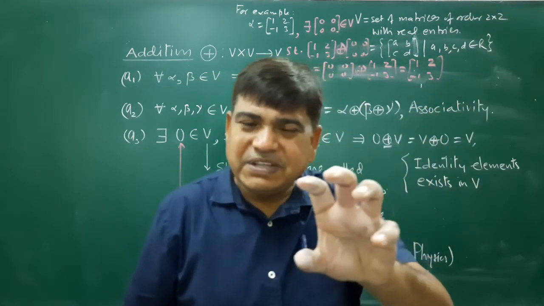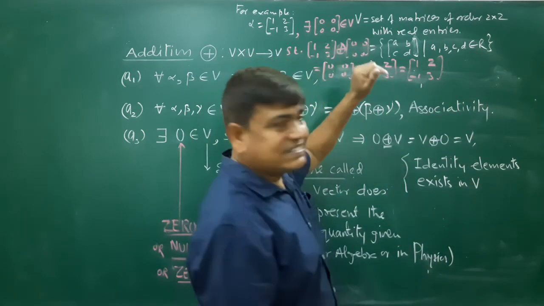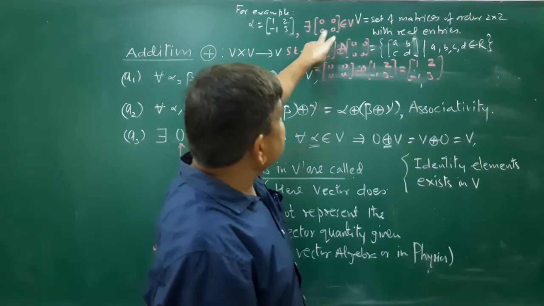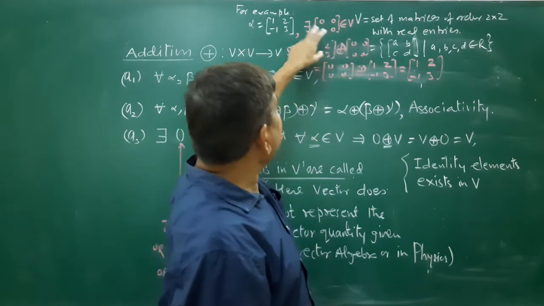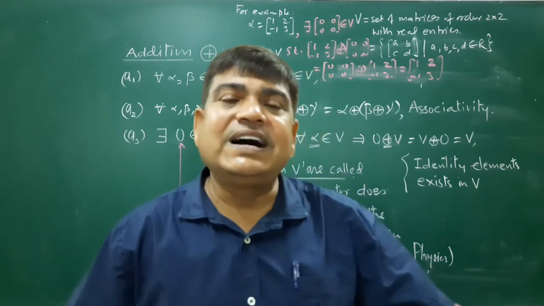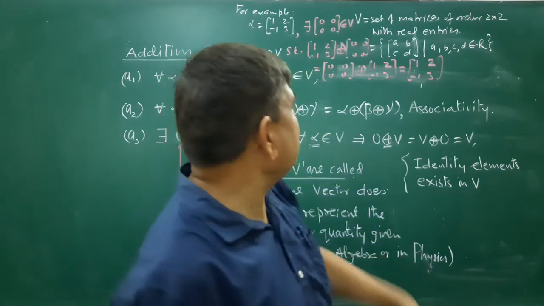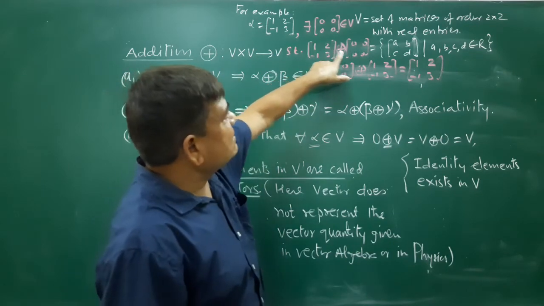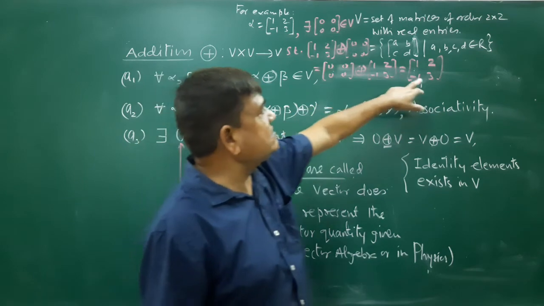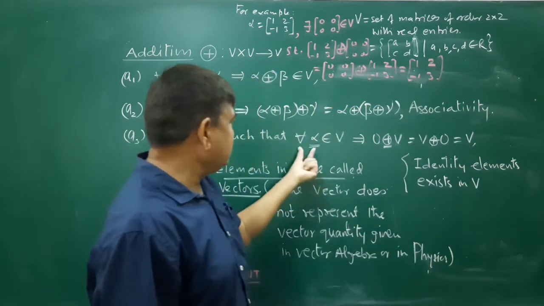So 0 means the 0 matrix of order 2 by 2. There exists this matrix which, added to any other matrix of order 2 by 2, in both ways, left or right, gives the matrix again. This is the property.